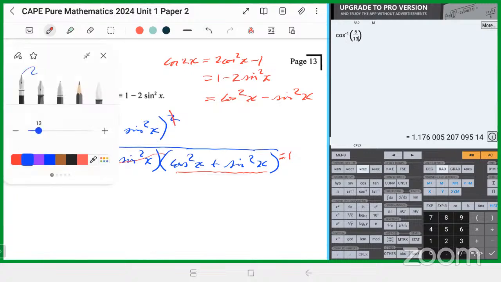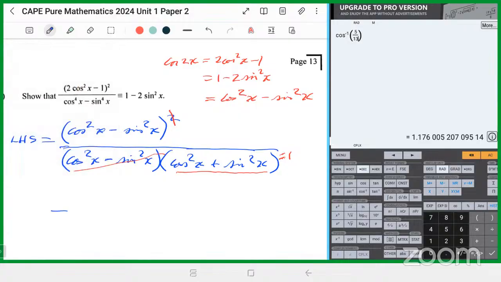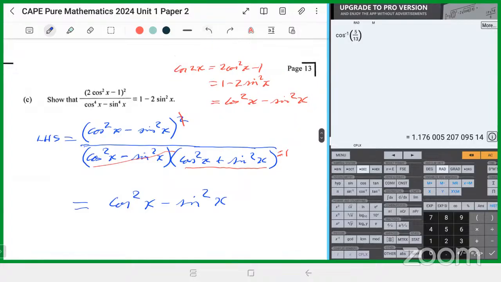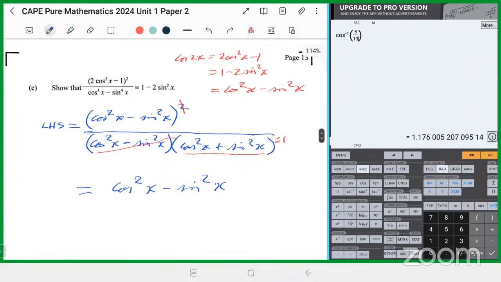And so I am left simply with the numerator, which is cos squared x minus sine squared x. But this is cos 2x still, which can be written as this one, which is what we have here. And that is why I am leaving this on my paper as a part of my solution. All right, so this then becomes 1 minus 2 sine squared x.